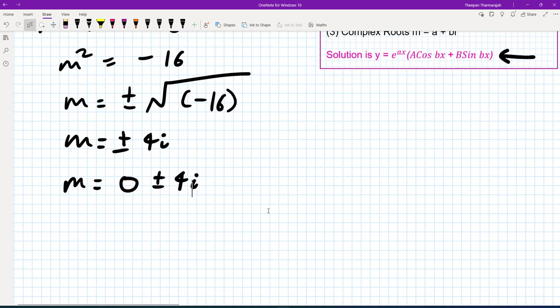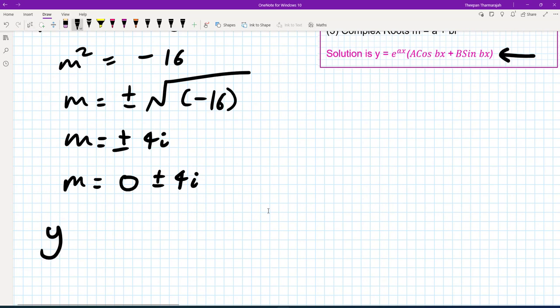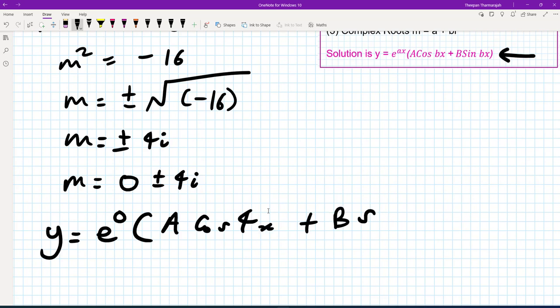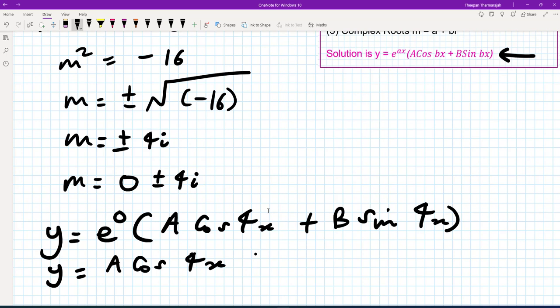So if we were to write it in our form, it would be e to the 0 times (a cos 4x plus b sin 4x). Essentially we end up with y equals a cos 4x, because e to the power of 0 is 1, plus b sin 4x is our solution.